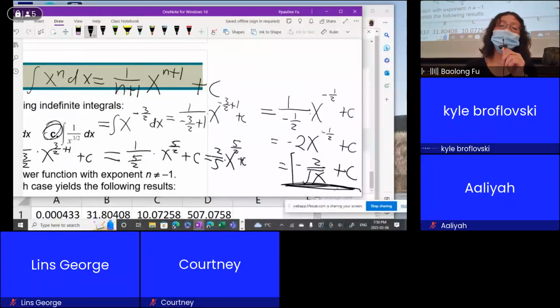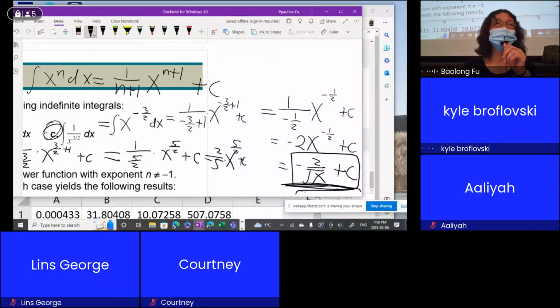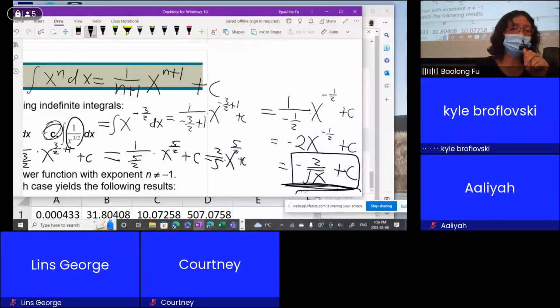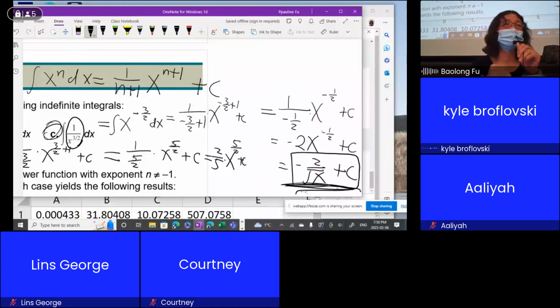If you take the derivative of the result, it must be equal to the original function. If it is not, your answer is wrong. If the derivative of the result equals the original function, you are correct. So there is a way to check whether you did the integral correctly.